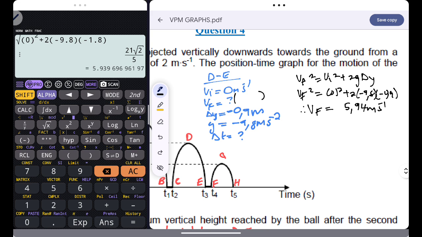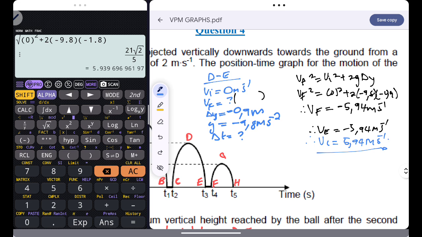Since this was a downwards velocity, we are going to say negative 5.94. Are you together? Remember that now I do know the velocity of the ball at position E. That's negative 5.94 meters per second, which simply means that the velocity of the ball at position C is positive 5.94 meters per second.